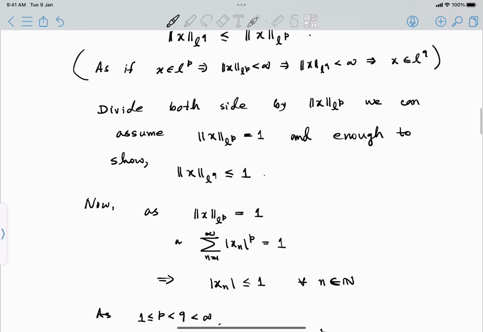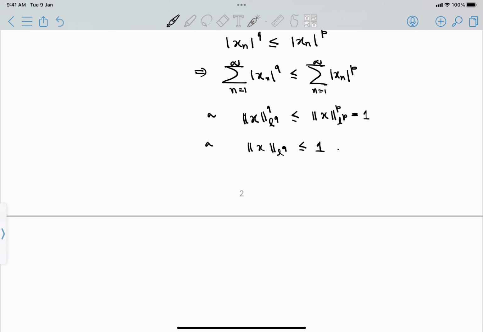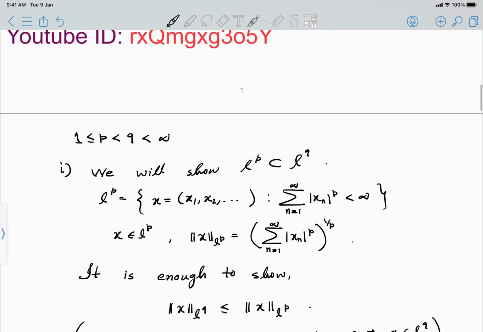Therefore little ℓp is a subset of little ℓq for 1 ≤ p < q < infinity. So the first one we have shown.